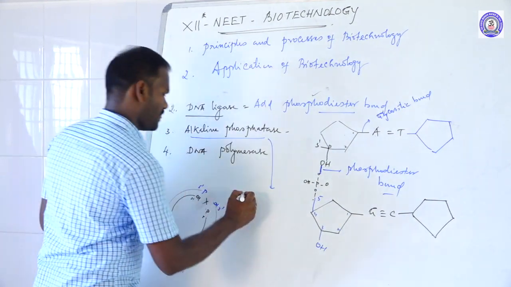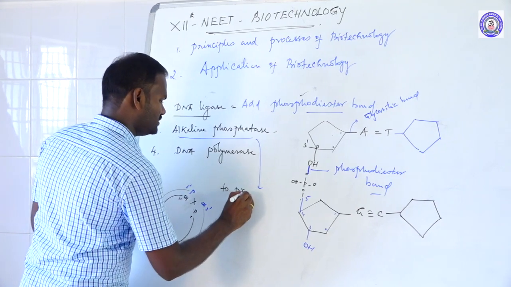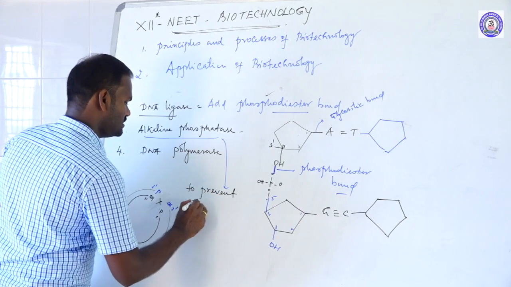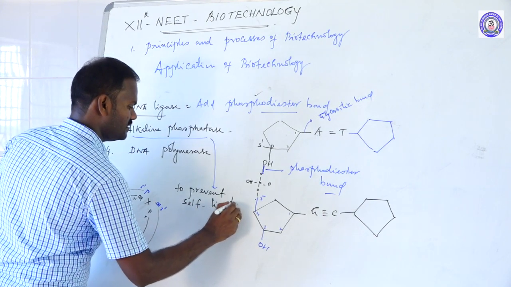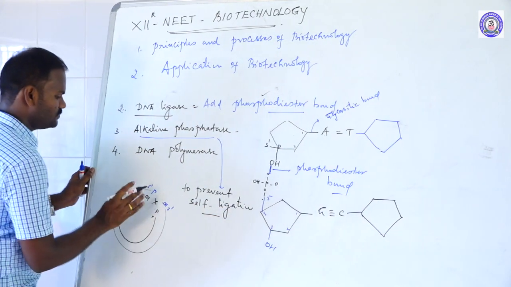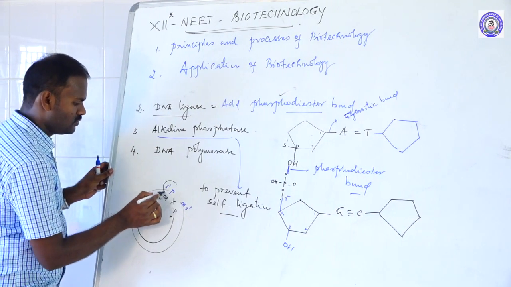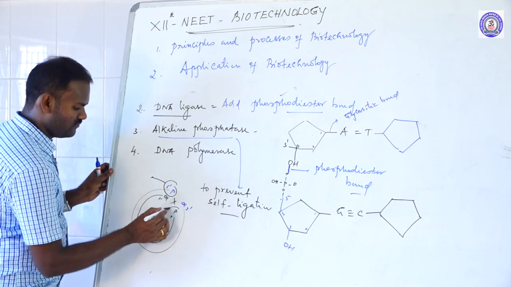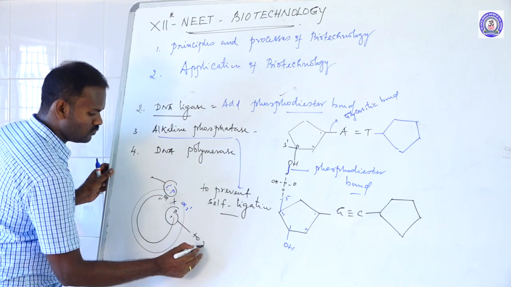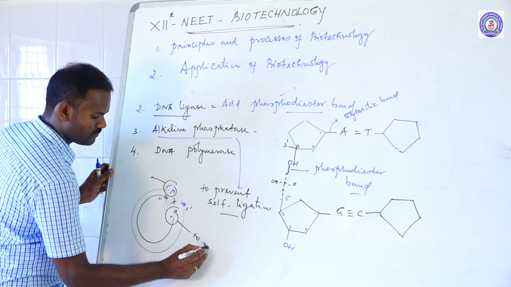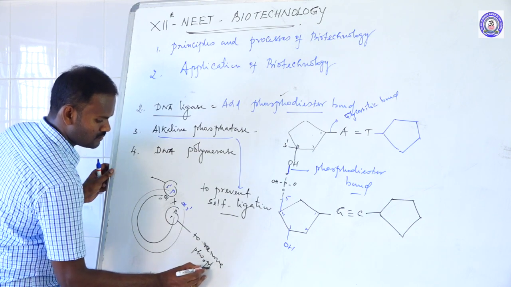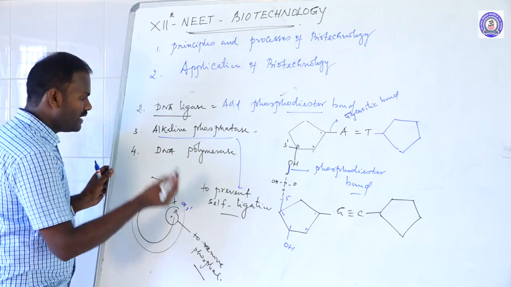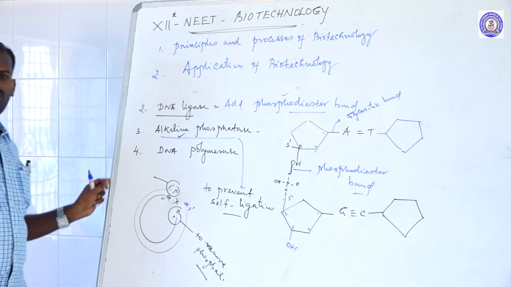So to prevent self-ligation, we remove the phosphate group at the 5' end. Phosphate groups are removed by adding the enzyme called alkaline phosphatase.